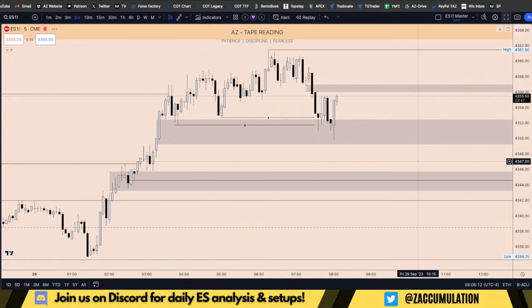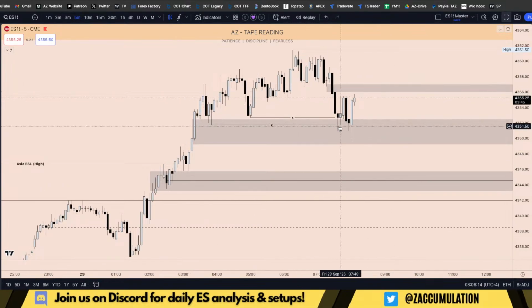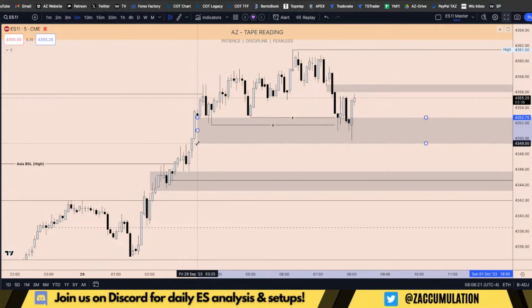If we drop it down now to 5 minute, we can first of all refine all these lines and also refine the fair value gap.